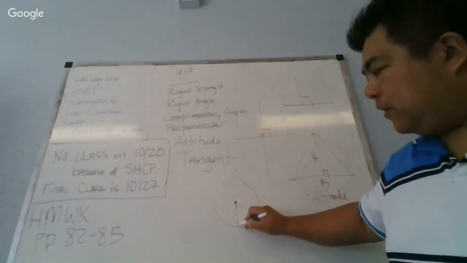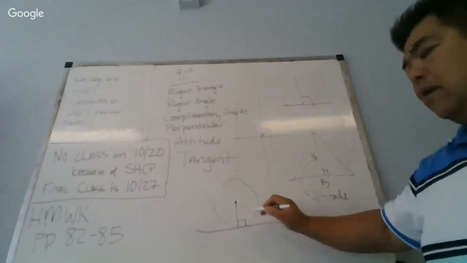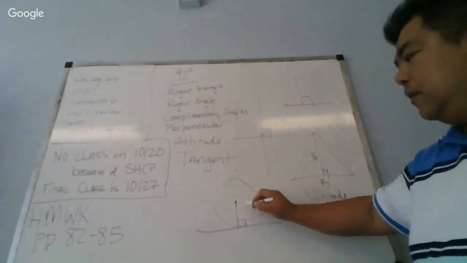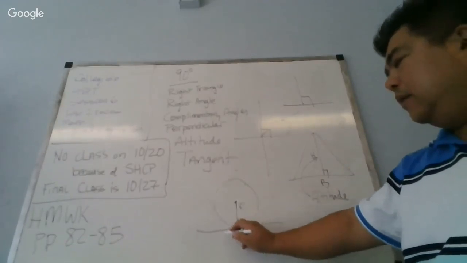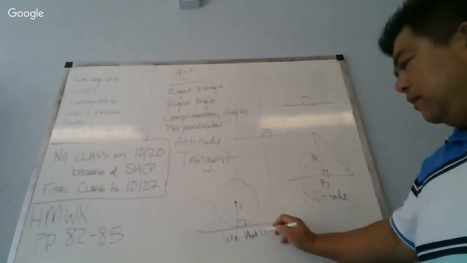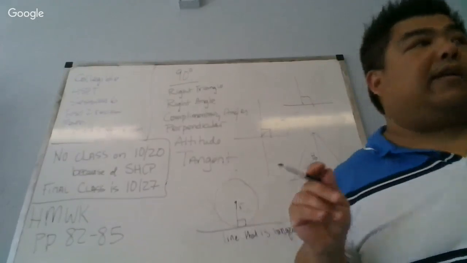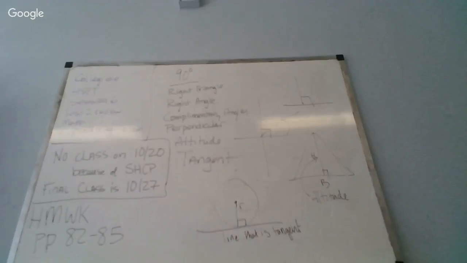Here's a circle, here's a radius, and here's a line that is tangent. Okay, so these are different terms that all mean 90 degrees.